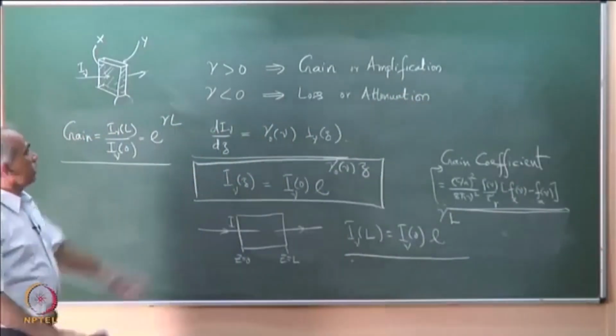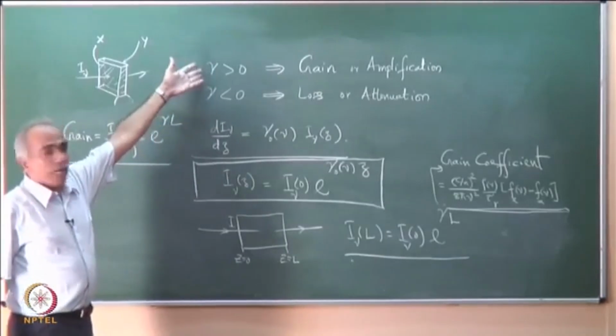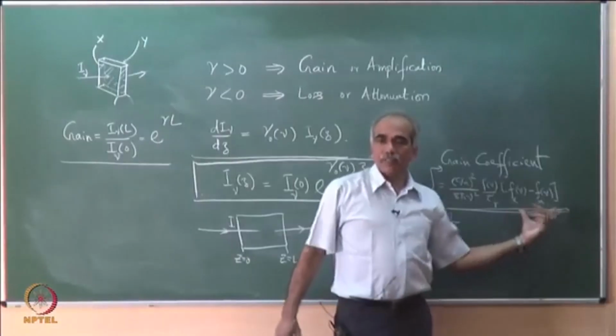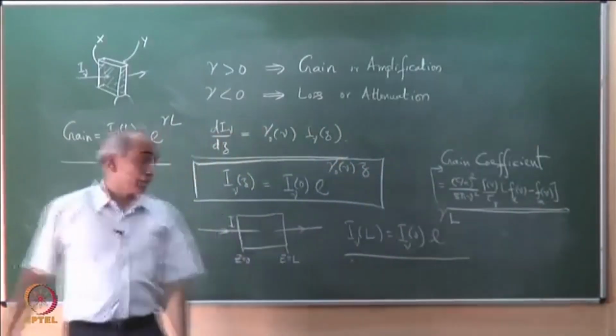Therefore, it is the sign of gamma which is important, and which will be determined by this factor f e of nu minus f a of nu.